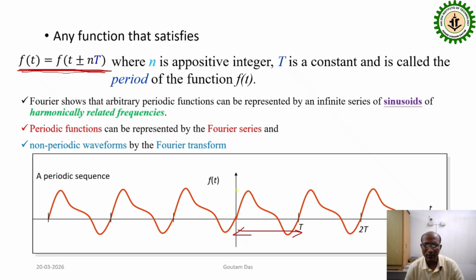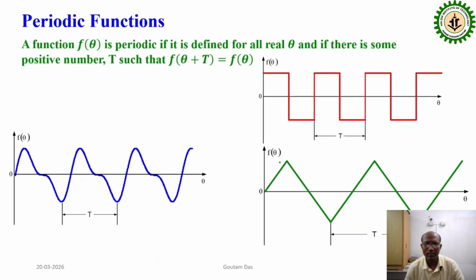For this case, we can represent the function as a set of a DC component plus sinusoidal and cosinusoidal terms. Similarly, in the previous picture there are different waveforms. The first one is a periodic square wave, where this is the time period of the square signal, and this is another time period of that square signal.